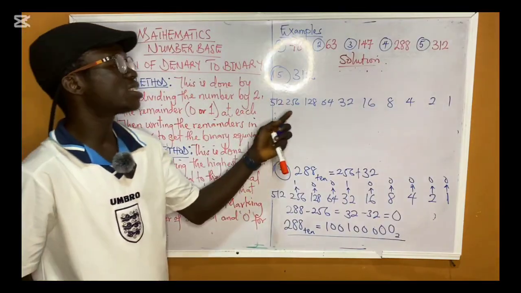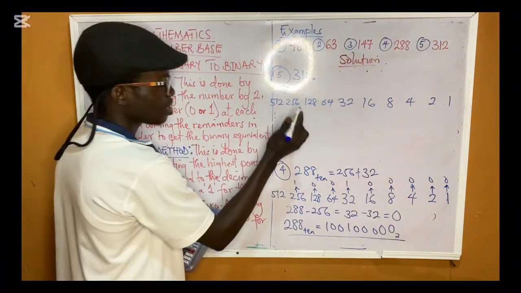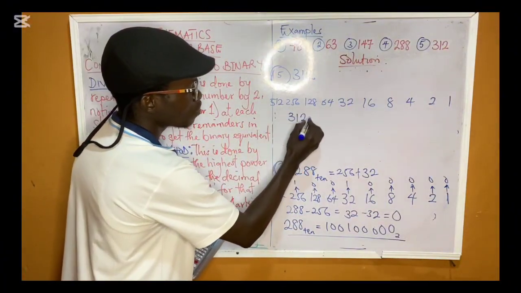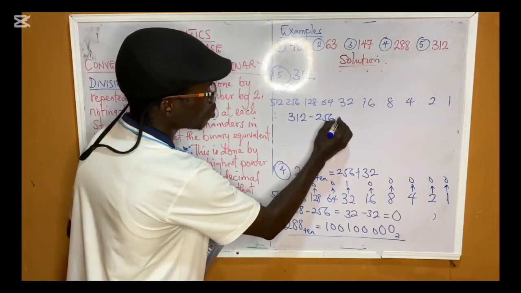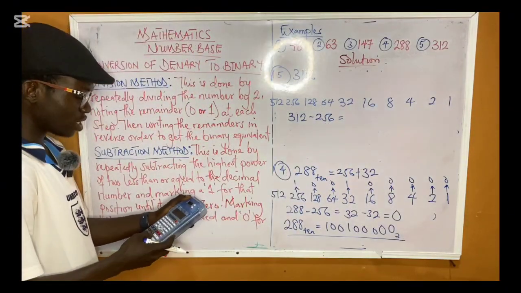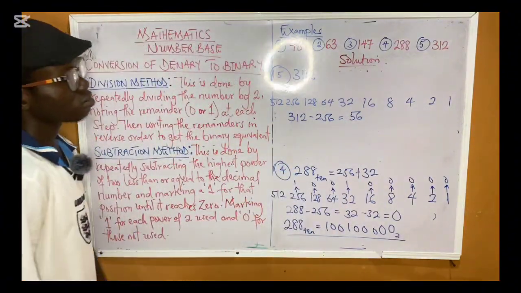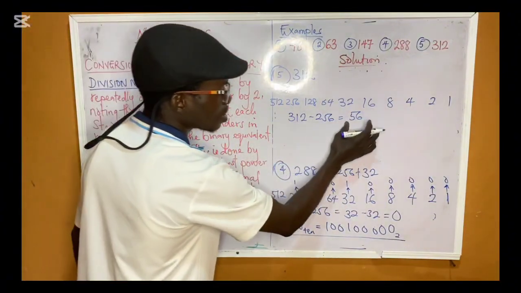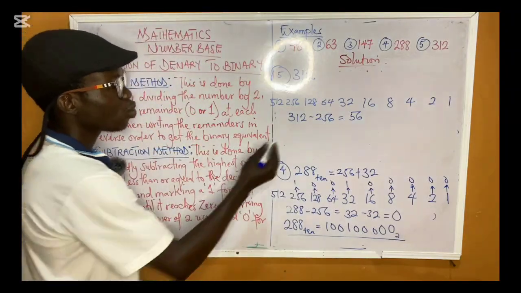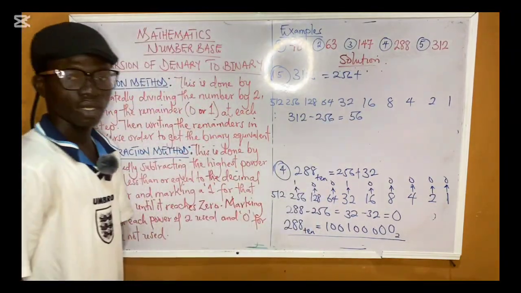So, what is the power of 2 that is very close to 312? That is 256. So, let's subtract 256 from 312. The answer, 312 minus 256, that is 56. We've gotten 56 here.